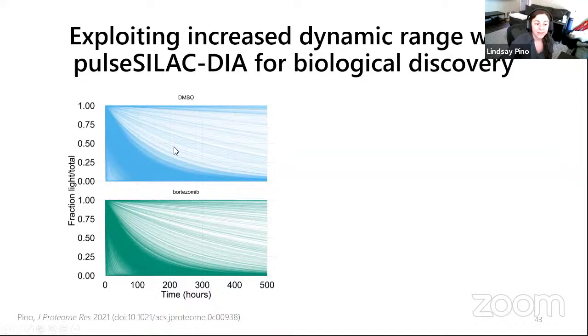But you can see even just by eye looking at these curves that some proteins really are not being turned over at all. They remain 100% light pretty much forever. So those are proteins that are just not being synthesized more, and the light is not really being degraded. The light at time point 0 accounts for pretty much all the protein that's there forever. And we know this is the case, right?